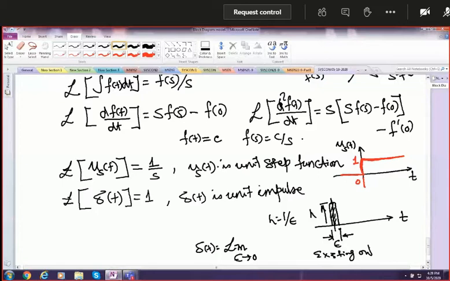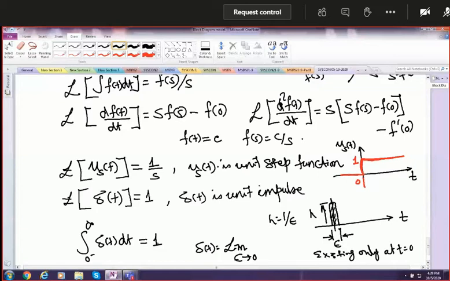So the unit impulse is a large value that exists only at t equal to 0. After that it is 0, and its total integration is 1. That is the unit step function.